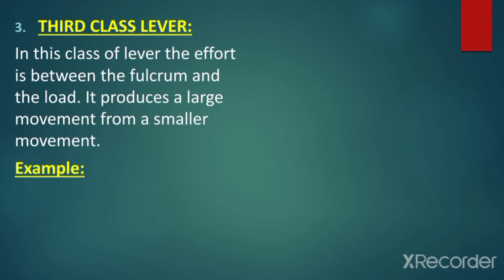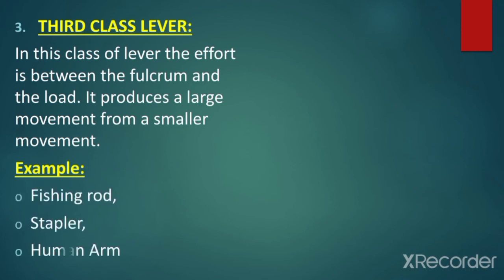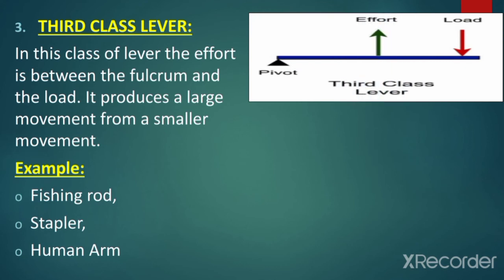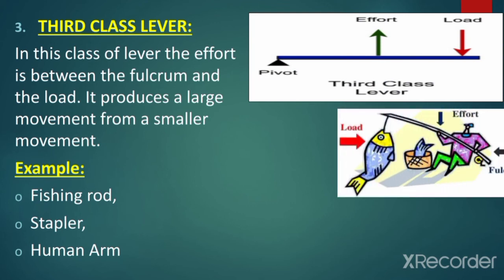It produces a large movement from a smaller movement. Examples: fishing rod, stapler, human arm. As you can see in the picture, the effort is between fulcrum and load. What is the fulcrum? It is a fixed point which allows the object to rotate.